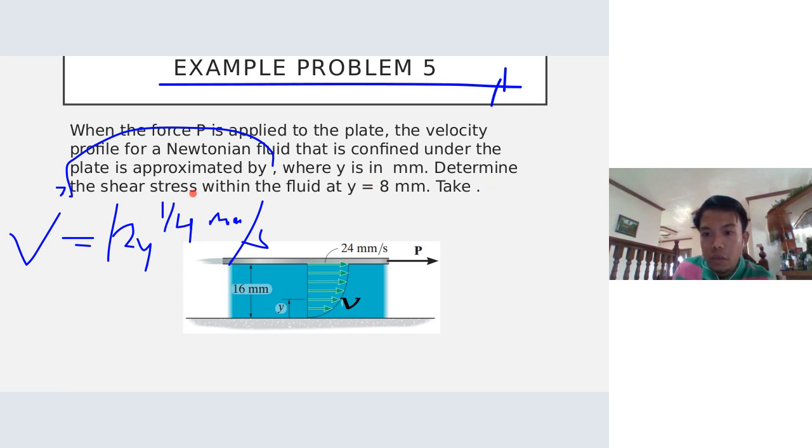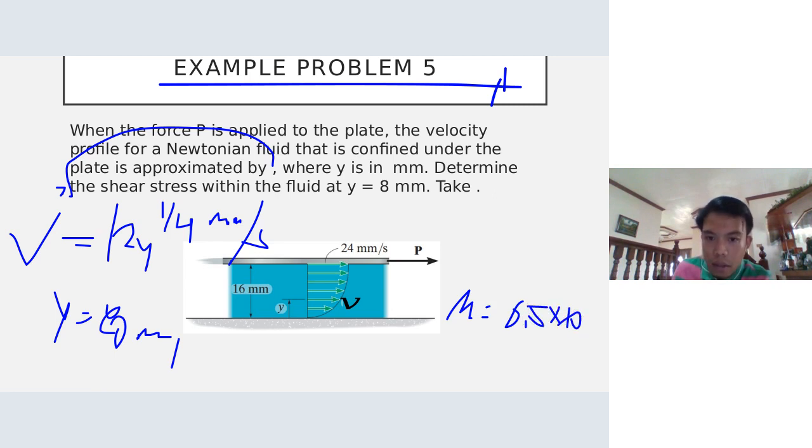Determine the shear stress within the fluid at y equals 8 millimeters, and then take the viscosity to be 0.5 times 10 raised to negative 3 Newton second per mm squared.